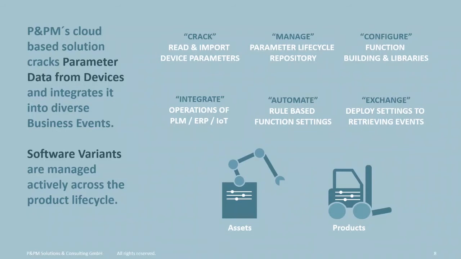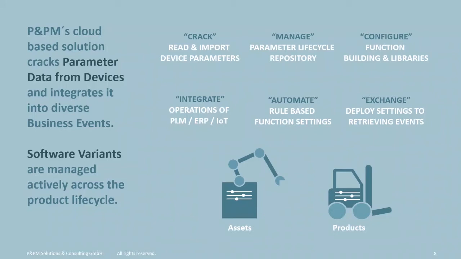P&PM's Device Parameter Manager reads and imports native parameter data from devices. It creates a central repository to manage the parameter data across the life cycle. From there you can use it and create your function libraries.